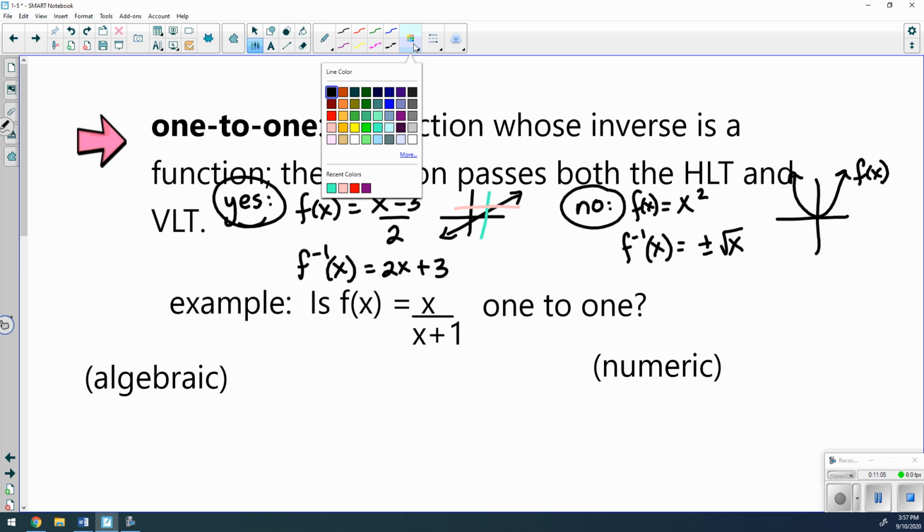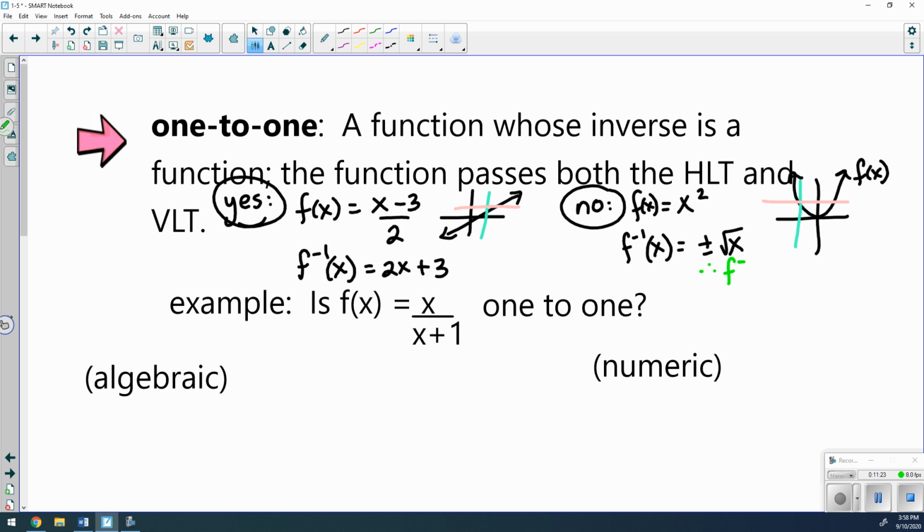The answer is no. I said that wrong. Yes, it passed the vertical line test, but no, it did not pass the horizontal line test. So therefore, f inverse is not a function.